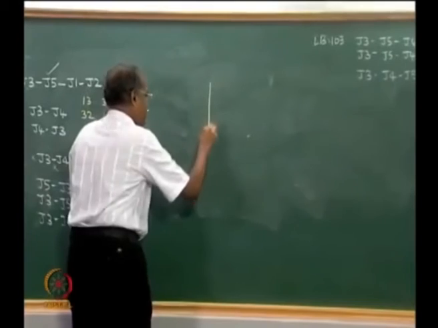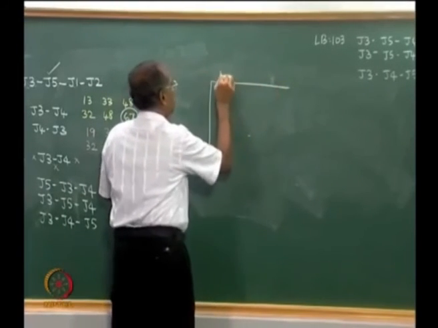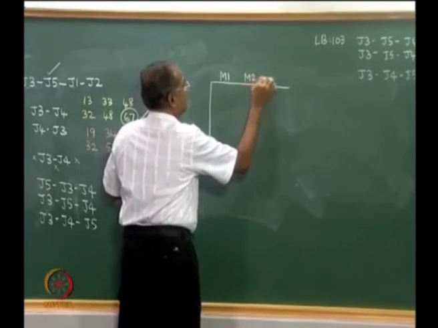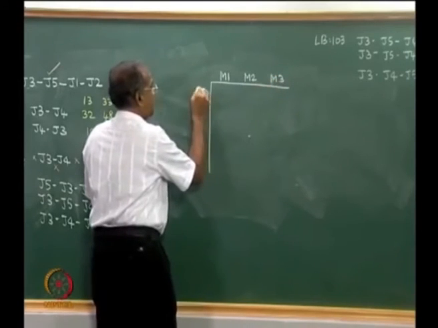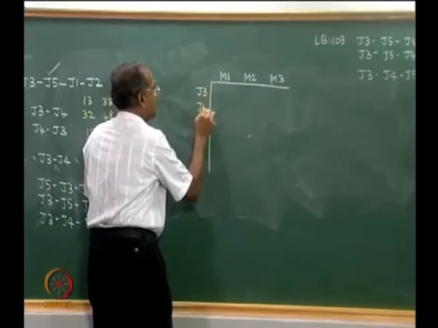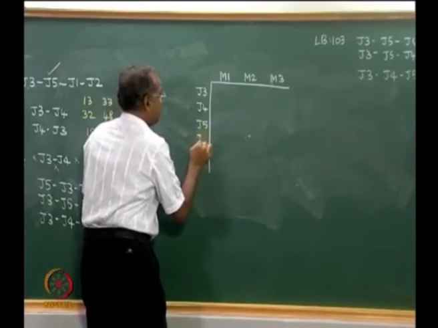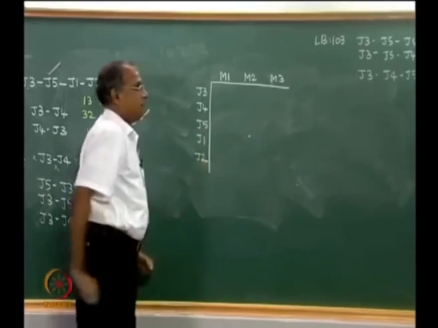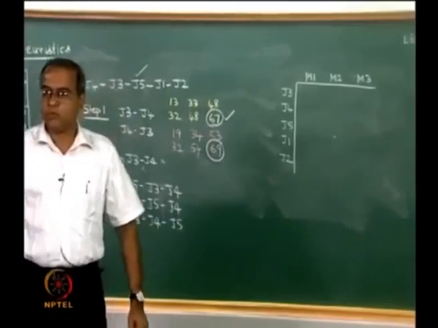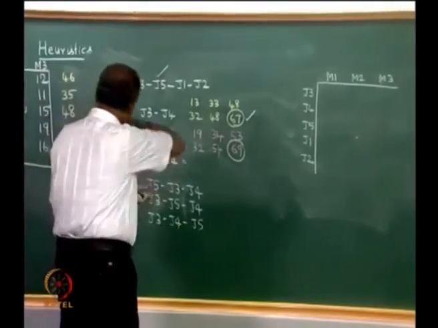So we would have M1, M2, M3, and jobs J3, J4, J5, J1 and J2. Now let us quickly compute the makespan.